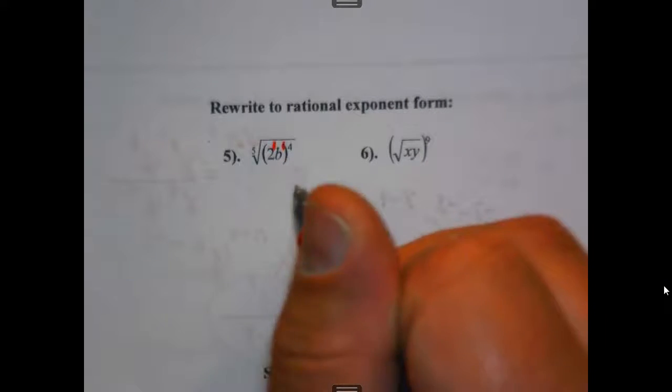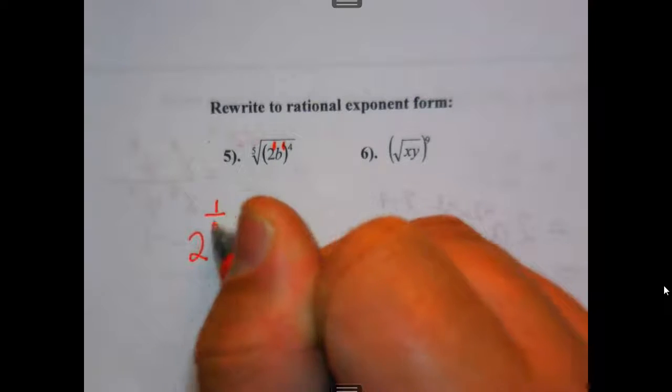Let's do some on the back real quick. We got to do at least 2 more. Now remember, if there is no exponent there, what's there? 1. So each one of these has an exponent of 1, correct? The 2 and the b. So I need to change it to exponent form.